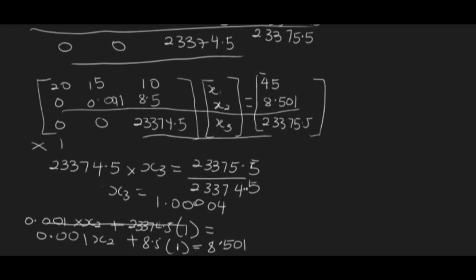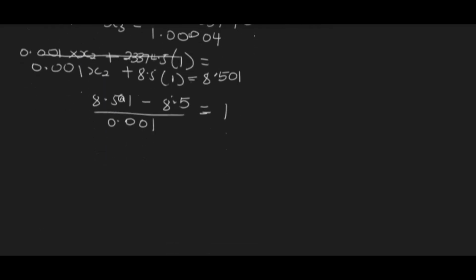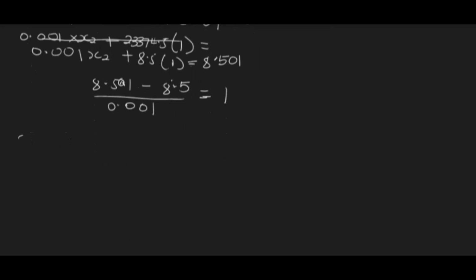Then finally, you move to the first equation, you make all substitutions, and this is what we call the back substitution. So 20, 15, 10, then 45. So you are going to get 20x1 plus 15 times 1, then plus 10 multiplying 1, and all should be equal to 45.